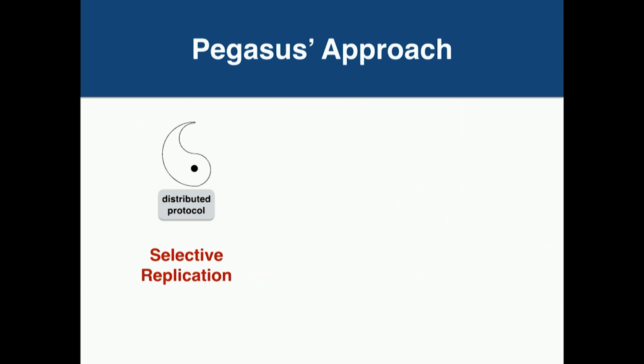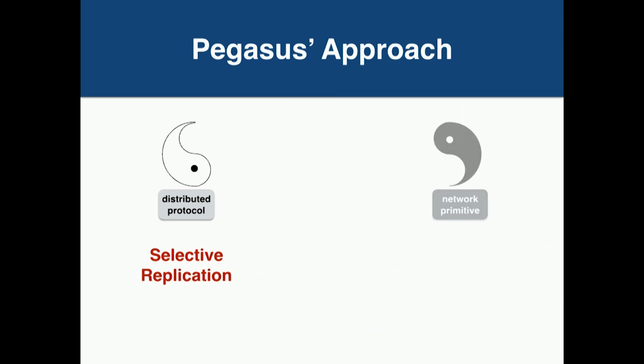So in our approach, we build a system called Pegasus. We take a different approach. Instead of caching, we selectively replicate popular items across multiple storage servers for load balancing.